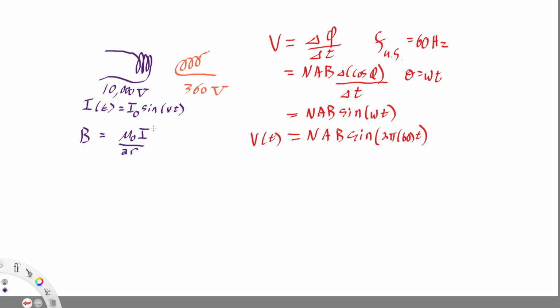But if this I is now a function of time, your B field is also a function of time. So in the purple coil, you create a B field. And the orange, the secondary, is close enough so that the B field from the purple coil actually passes through the orange coil.